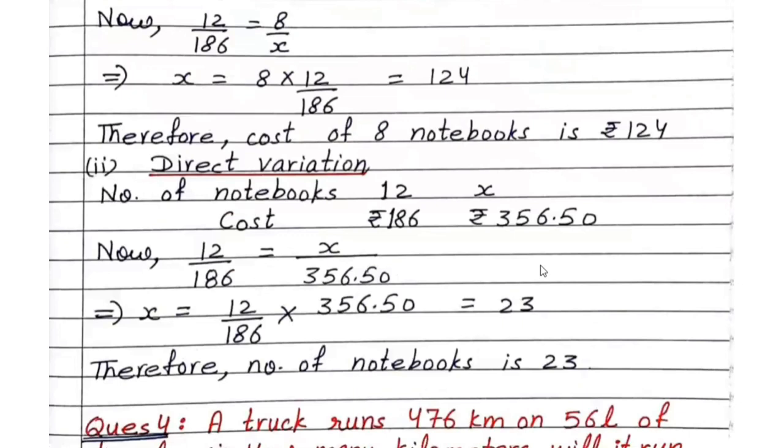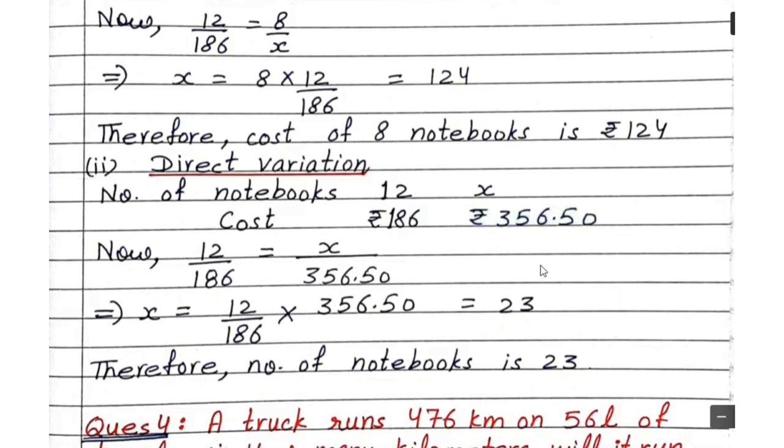Again, it is a case of direct variation. When the number of notebooks is 12, the cost is rupees 186. And when the number of notebooks is X, then the cost is rupees 356.50, that is 50 paisa.